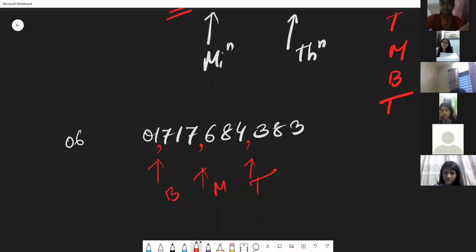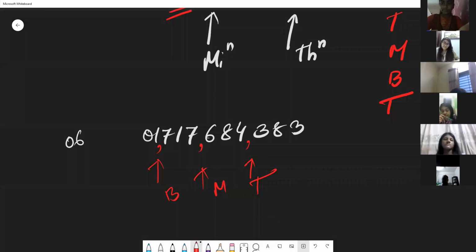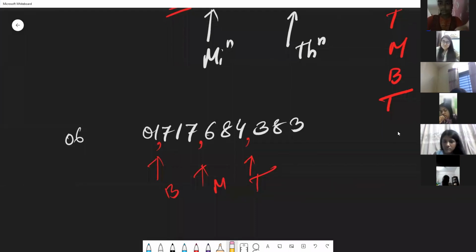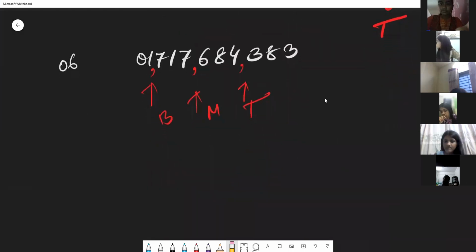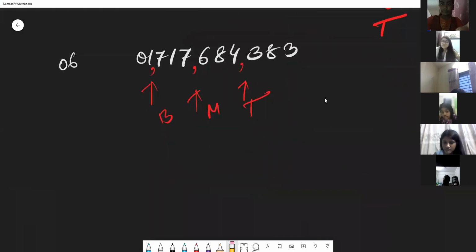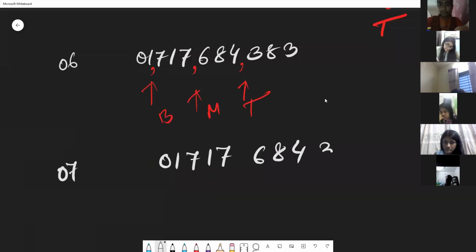So that is the local system and the international system. Okay, what will it be called in the local system? Is there a name in the local system? If I write the same number, what will it be in our counting system? Number 7, same question: 01717684383. What is it in the local counting system?